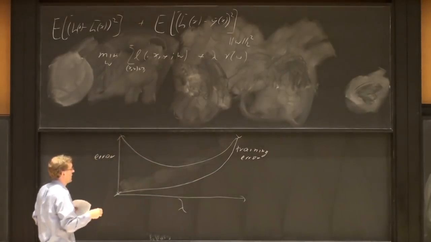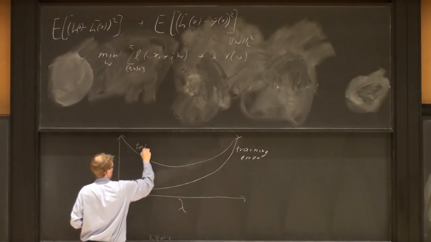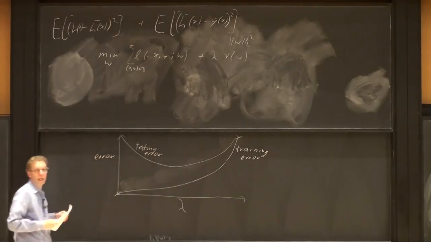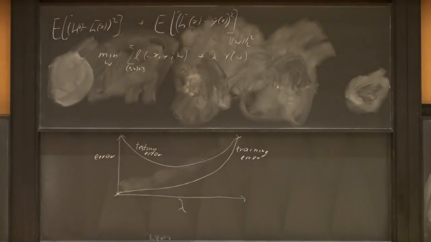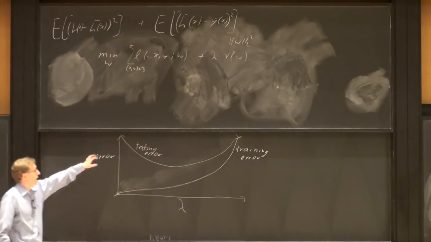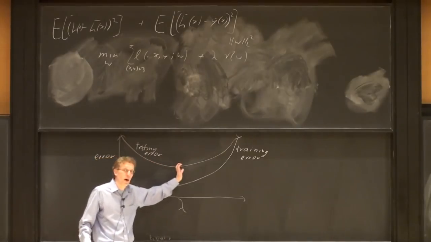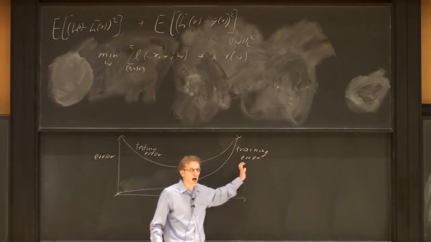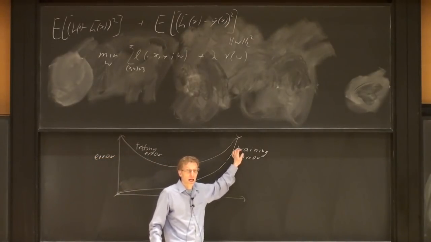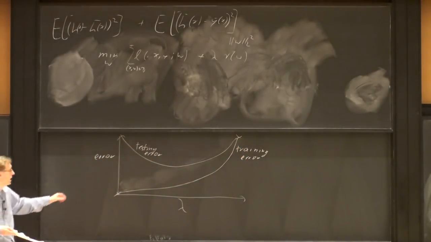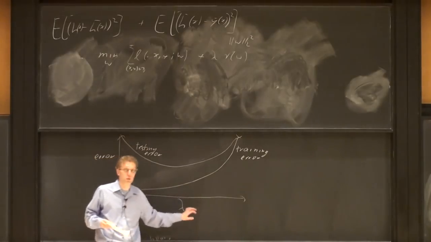This here is my test error. And this is exactly what you will observe in the project: when lambda is too small, the test error is high, then there's the sweet spot in the middle, and if it becomes too large, you're over-regularizing, and the test error goes up again. Whereas the training error only goes up as you regularize more.